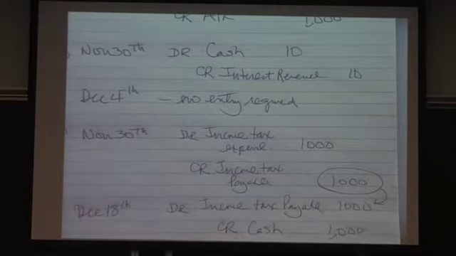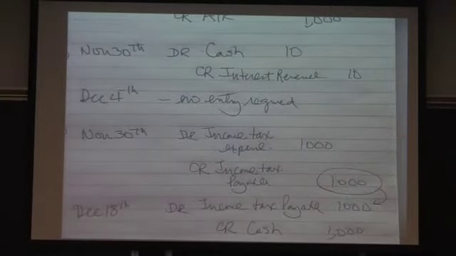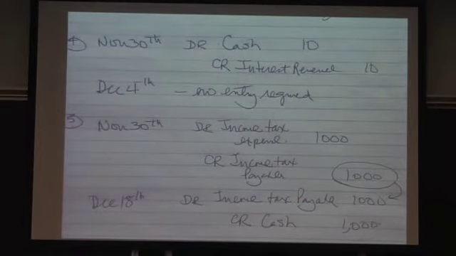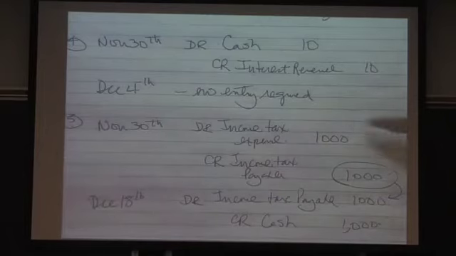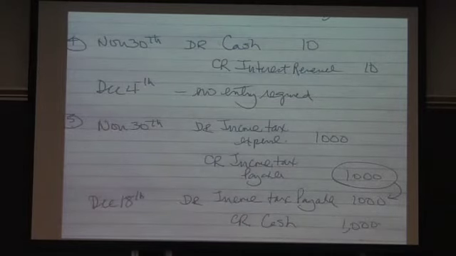Now, let's use number 5 as an example. This is the accrual basis of accounting. Accrual says we need to record transactions when we earn it, when we incur it, irrespective of when the cash is received. So you'll see that if we were to only focus on transaction number 5, we would show an expense in November, month end November, for $1,000. If we were to use a cash basis of accounting, the difference here is the timing on when this income tax expense is recorded.